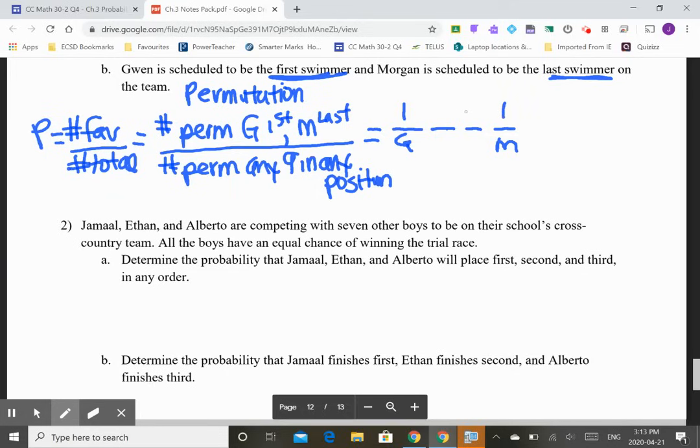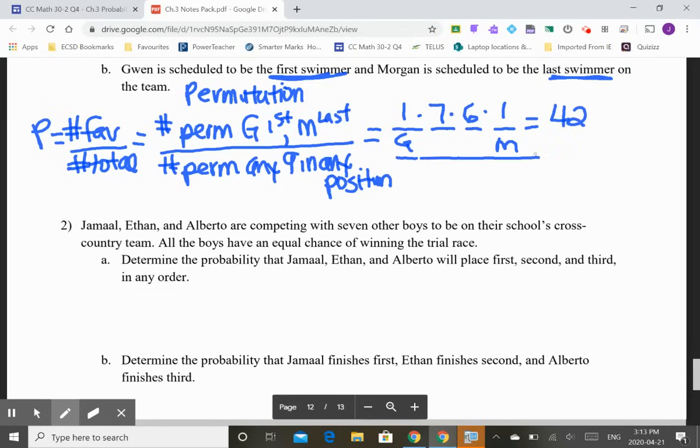In the middle, we don't care who goes in that second position. We have got 9 students total. We've placed Gwen. We've placed Morgan, which means we have 7 choices left for the second blank and 6 choices left for the third. 1 times 7 times 6 times 1 gives us 42 in the numerator.